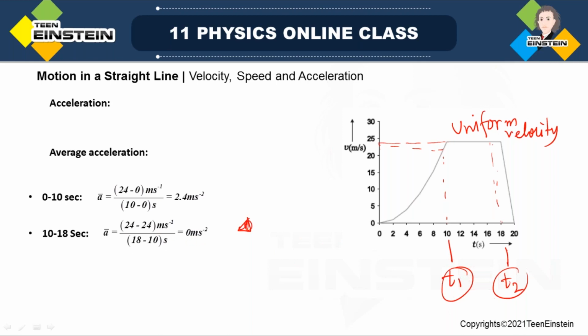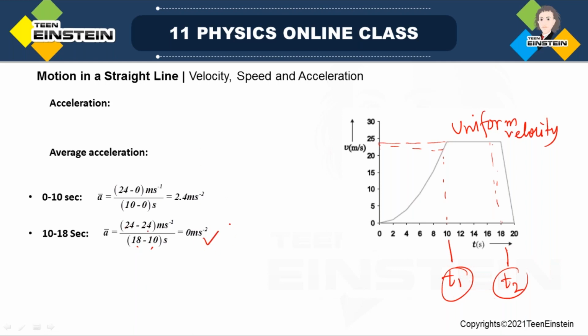If you want to calculate the average acceleration, we do it in a similar fashion: v2 minus v1 divided by t2 minus t1. This gives 0 because it is uniform motion.